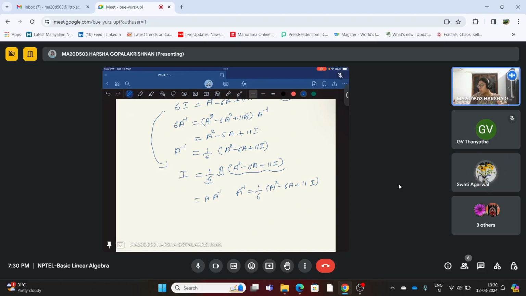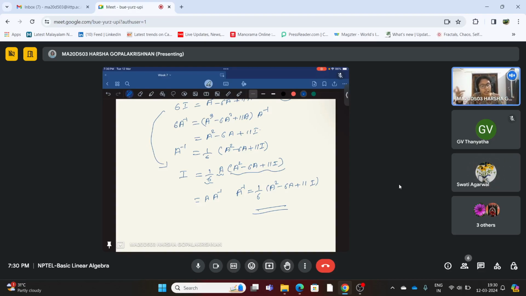So this is one more application of the characteristic equation to find the inverse. In higher order matrices it won't be easy to find the inverses, so we can use this: multiply to get A square, A cube, and using this we can find A inverse. And one more positive thing is, if A is diagonalizable, then A square or whatever power we get is very much simplified in terms of the diagonal matrix.